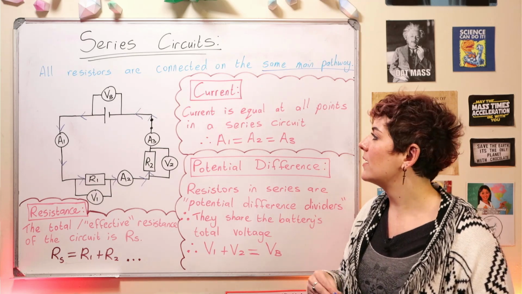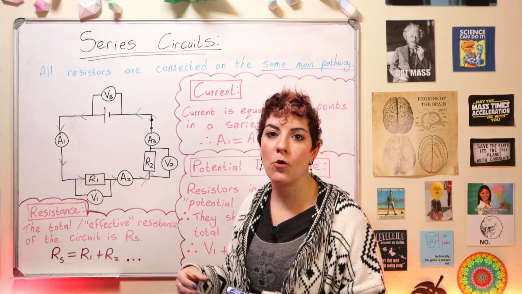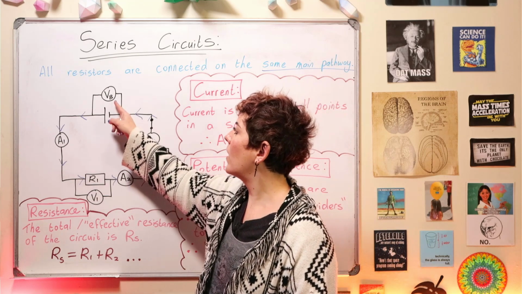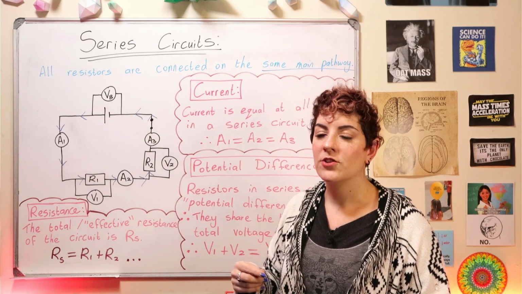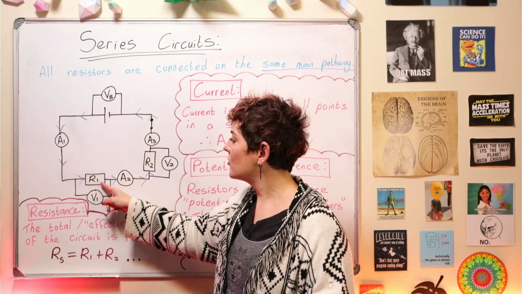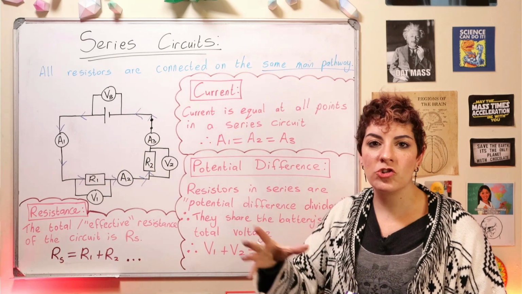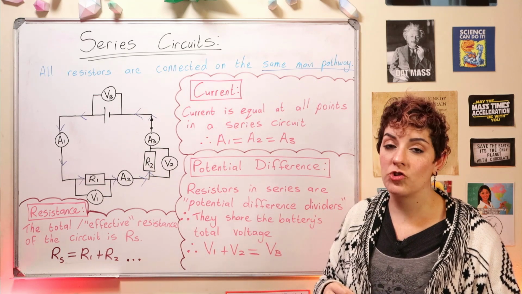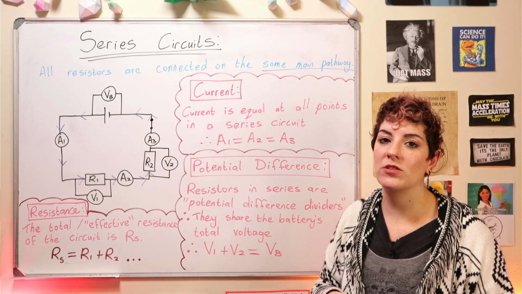So bear in mind, the total EMF or potential difference is the one measured over the battery. So the biggest potential difference is the one over the battery. And resistors in series are going to be sharing portions of the battery's total voltage or potential difference.